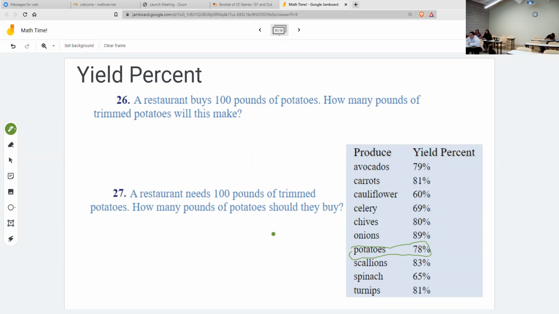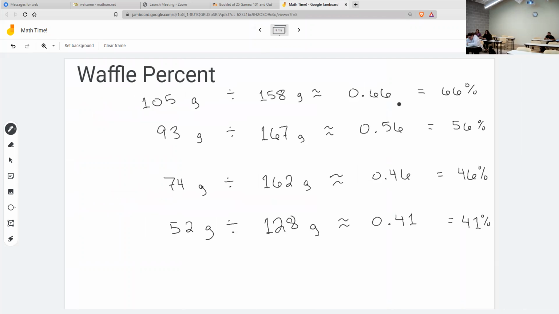So what am I going to do with the 78% and the 100? Just like what we did with our apples, we're going to go with percents and decimals. There was a scoot of 2 scoots that takes a decimal into percent form.